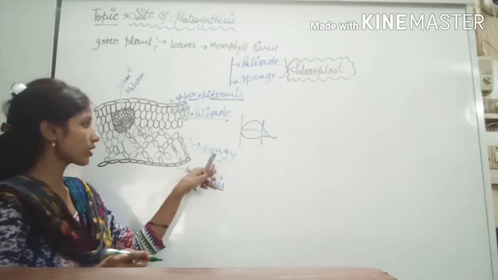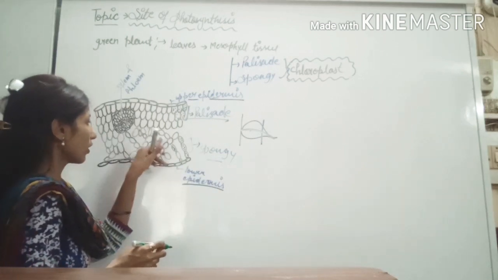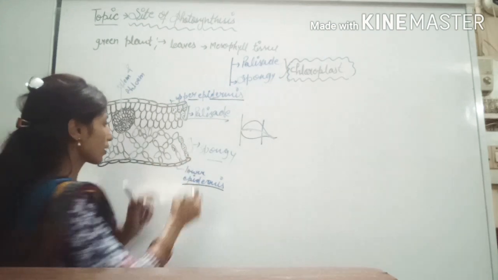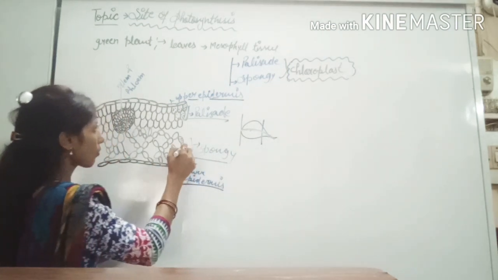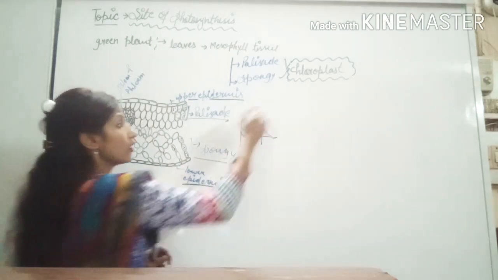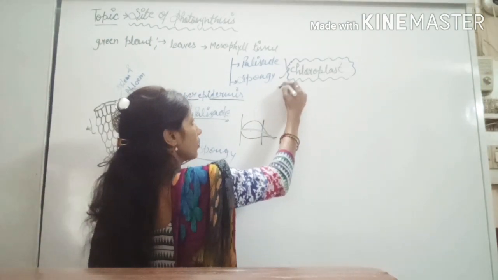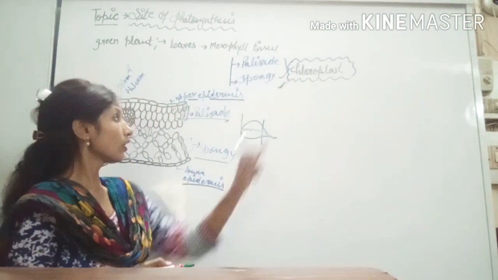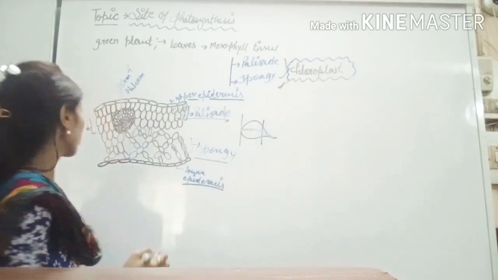And here the spongy cells are present, in which spaces are present, as we can see here. Inside the spongy and palisade cells there is the cell organelle known as the chloroplast, right? So the photosynthesis process occurs exactly in the chloroplast. Clear to you all, right?